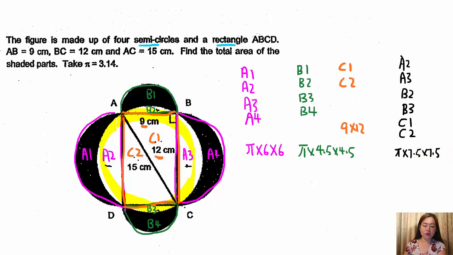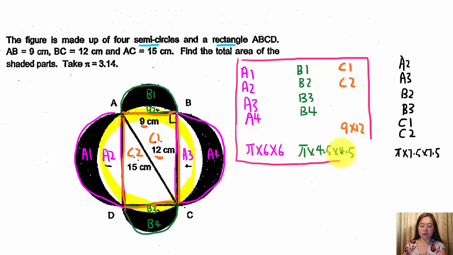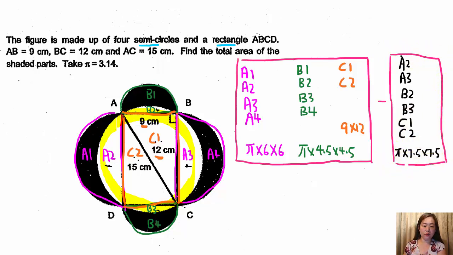Now let me show you what happened when we use the addition of these three shapes, which comprises of one large circle, one small circle, and one rectangle, and we minus a big circle, we will find what is the shaded area. Let me show you why.